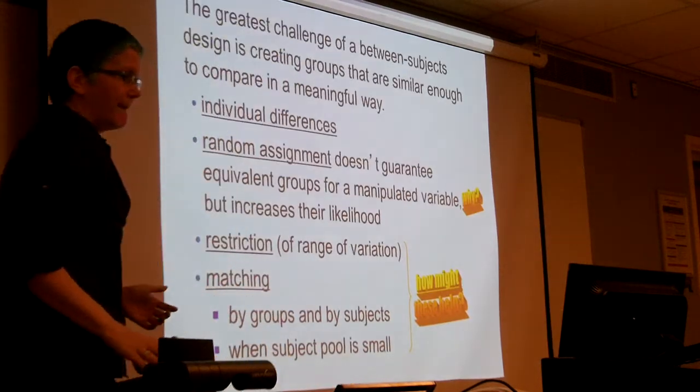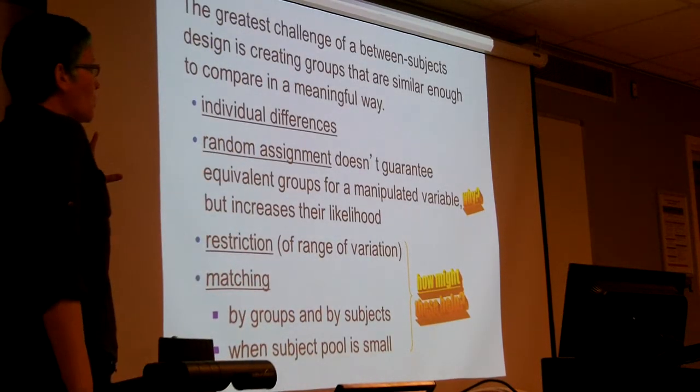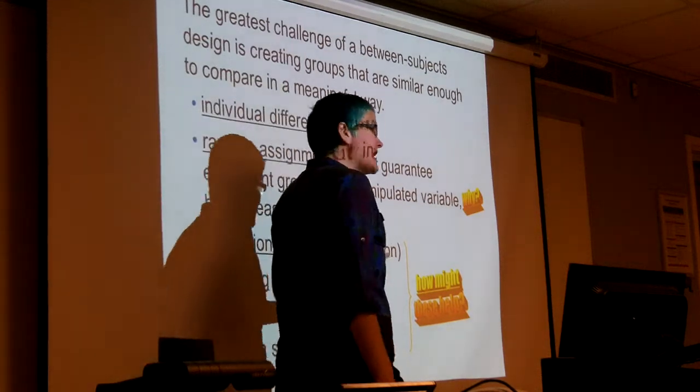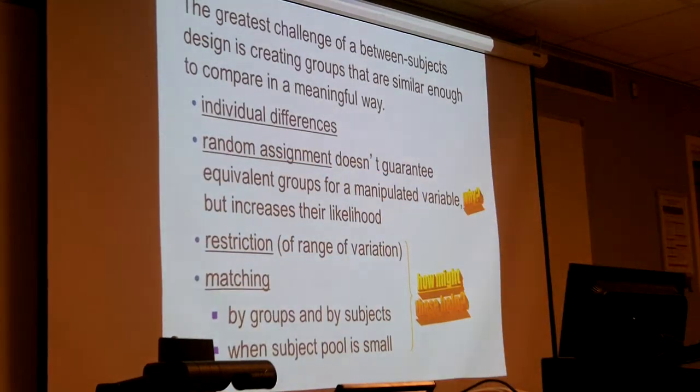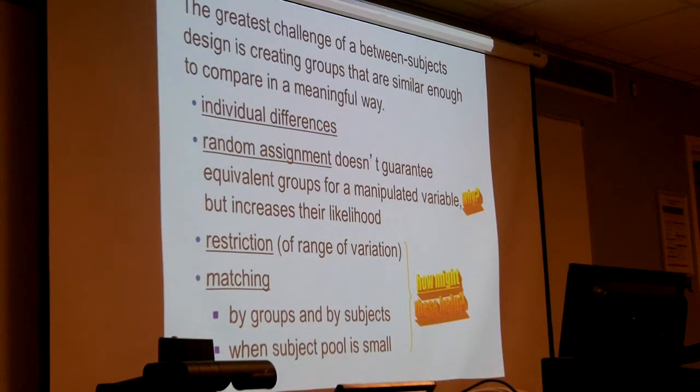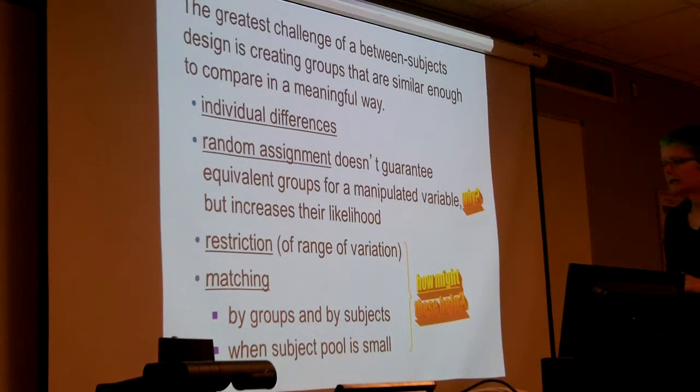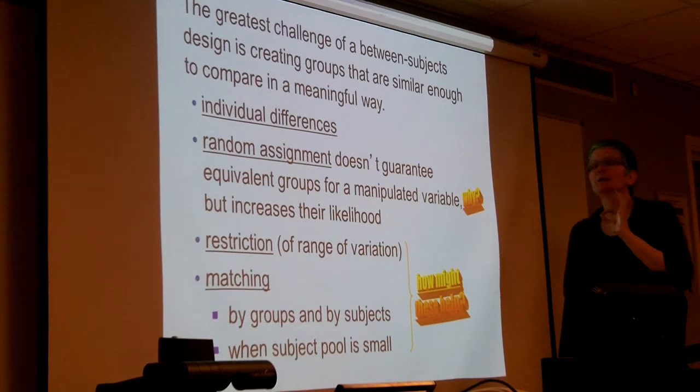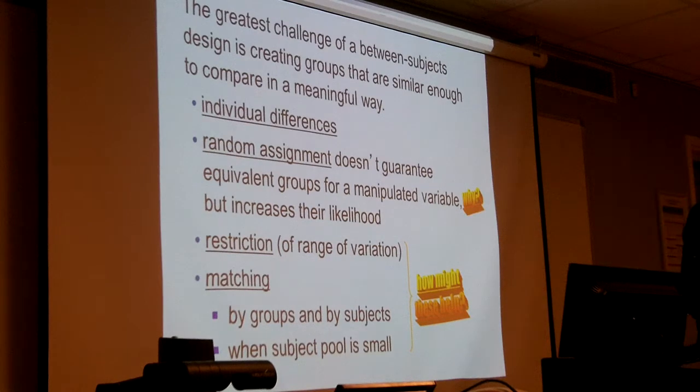Okay. So when we are creating a between subjects design, our number one challenge, the biggest thing we have to do to make sure that we're maximizing internal validity is create groups that are similar enough to compare statistically.